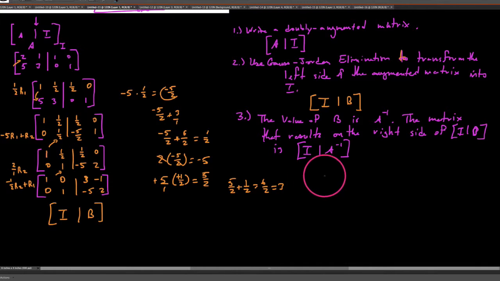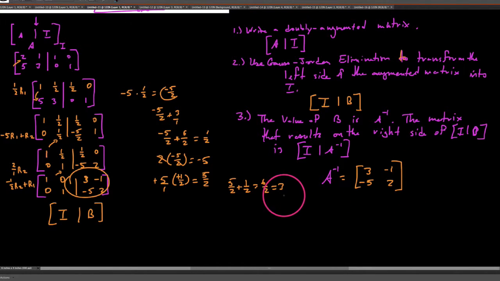So that is to say, to find the A inverse here, it's just this part of the matrix, and we say that A inverse then has to be this 3, negative 1, negative 5, and 2. So step 4 when finding an inverse is check to see they undo each other.